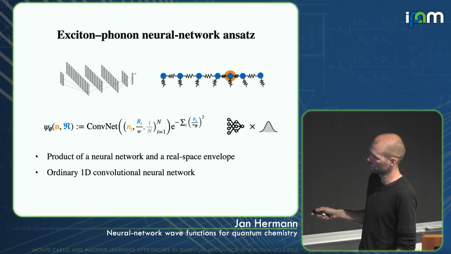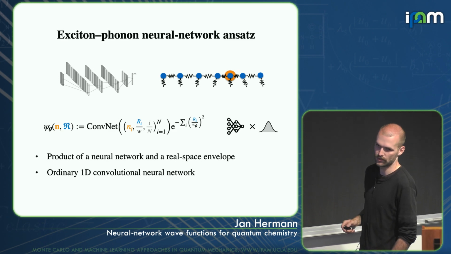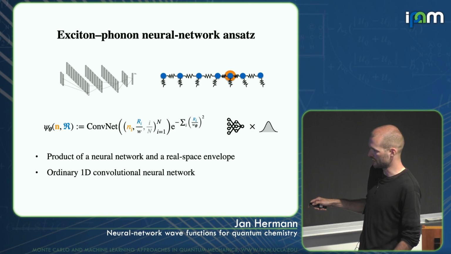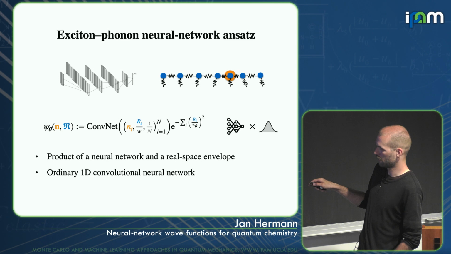You have essentially this lattice, so you can just use a plain convolutional neural network, and what you're feeding it is the occupation number for a given site, and the displacement of the oscillator, just normalized. And then if you're in a finite chain, you probably want to also tell the network where it is on the chain. So you feed in just the position.